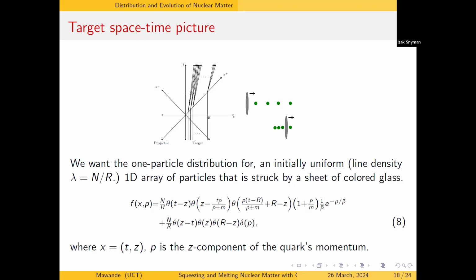So there's a sheet of color glass that's going to pass through my resting chain of particles, and this is the distribution behind. This describes the distribution ahead.